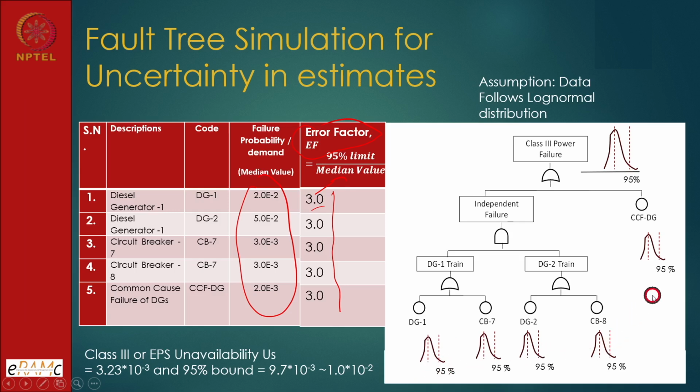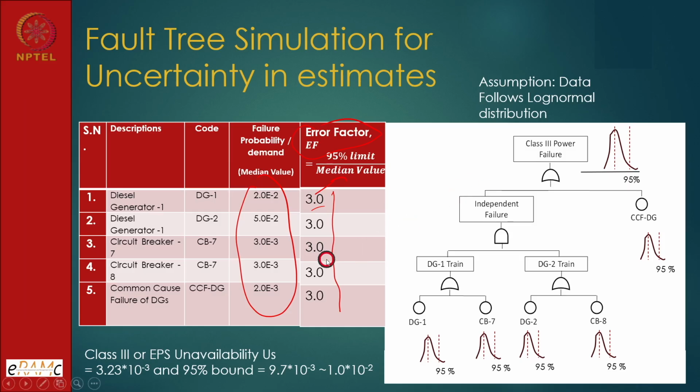For all the components we have characterized, the output for class 3 or emergency power failure will be a distribution with a median value, a 95% value and a 5% value. But basically we want upper bounds only, because lower bounds may not be required. So the 95% value becomes the uncertainty estimate in the required direction.